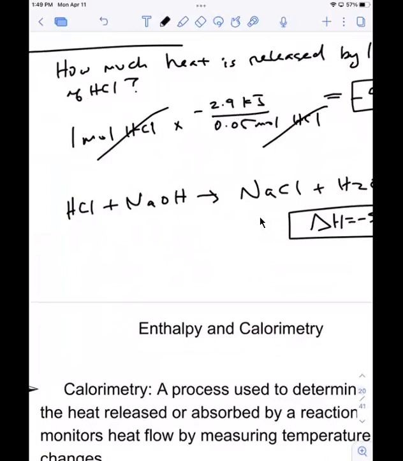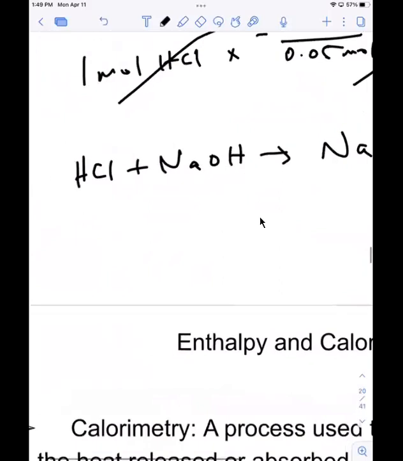So you took HCl and NaOH, you reacted them together, you got 2 different compounds on the other side. So the energy of HCl and the energy of NaOH are different when they get converted into NaCl and water. So that transformation of energy has to have a value. So that's what delta H is measuring. So this is the balanced thermochemical equation.